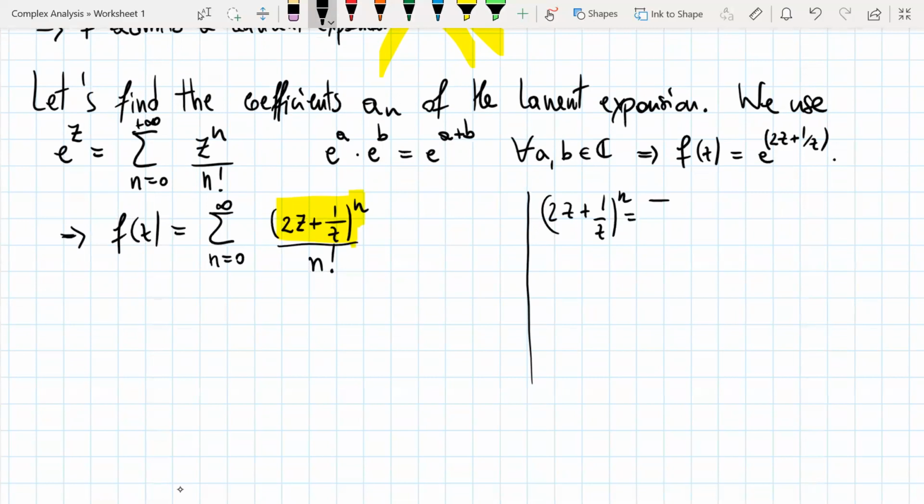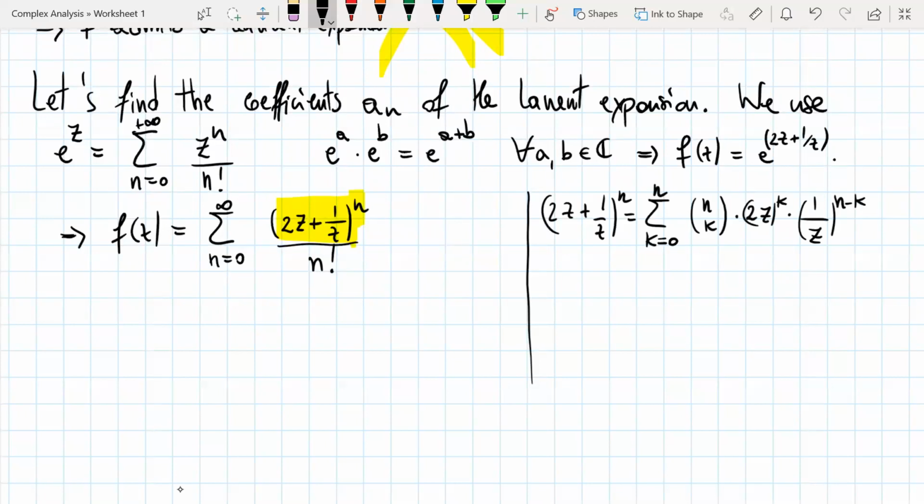This is the sum for k going from 0 to n of the binomial coefficient n over k times 2z to the k times 1 over z to the n minus k.